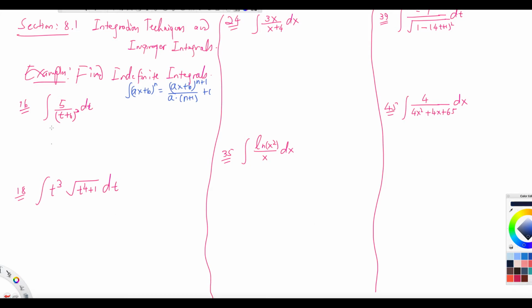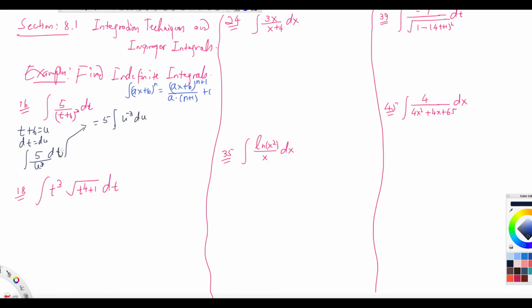If t plus 6 equals u, then dt equals du, so dt will be replaced by du. So the integral is 5 dt over u to the 3. Let me write 5 outside the integral, and move u to the top as u to the negative 3 du.